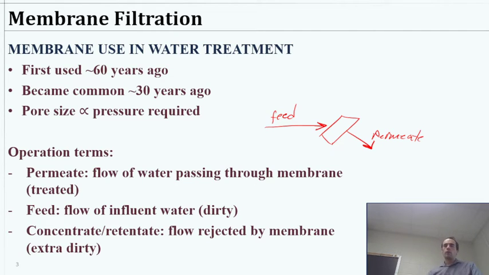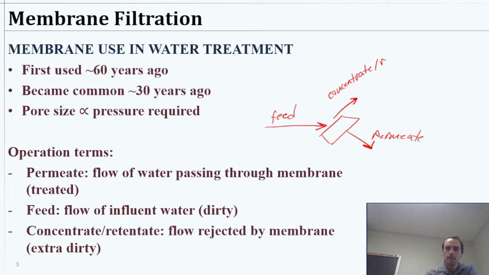Okay, then we have one other flow that is possible. We don't always operate membranes this way, but we typically do if we are doing a large continuous treatment system. And that would be that we also have a concentrate or a retentate flow, or sometimes we would call it a rejectate.